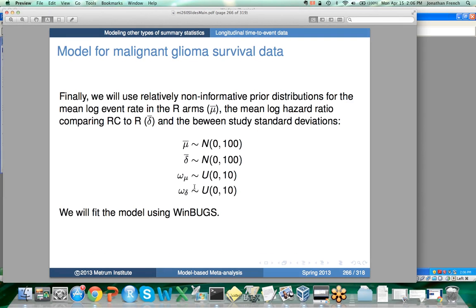We use non-informative priors for the main effect parameters and the between study effects.